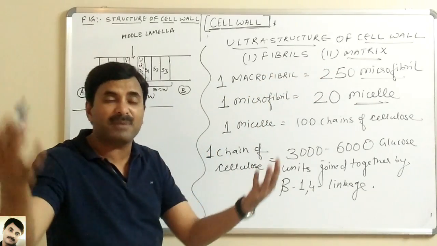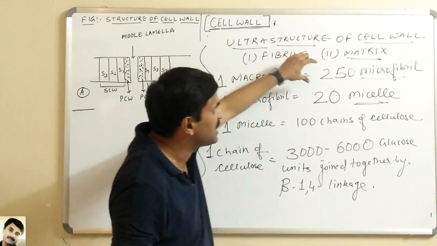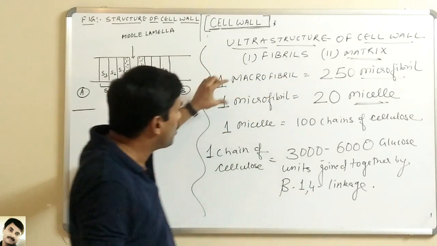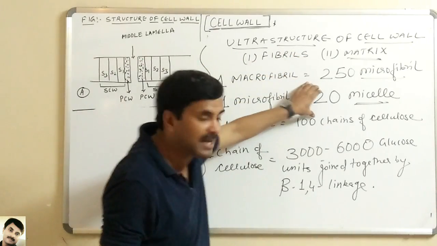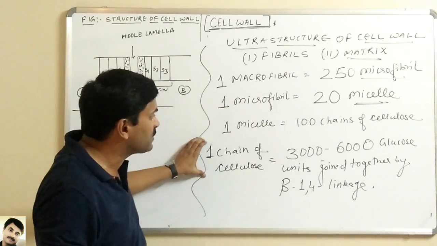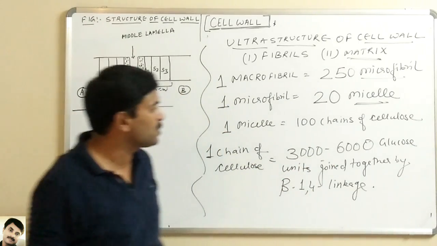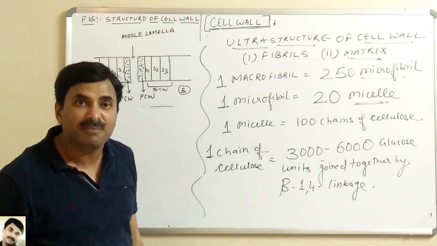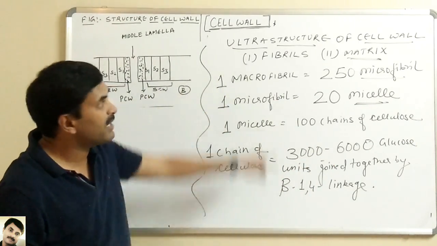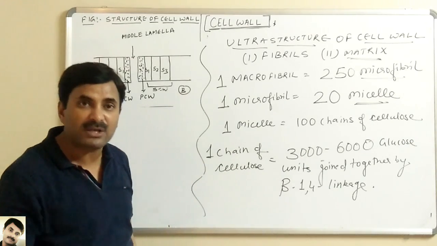One macrofibril is equal to 250 microfibrils, one microfibril is equal to 20 micelles, one micelle is equal to 100 chains of cellulose, and one chain of cellulose is made up of at least 3000 to 6000 glucose units joined together by beta 1,4 linkage. By the ultrastructure of the cell wall, you can see how complex the structure of the cell wall is.